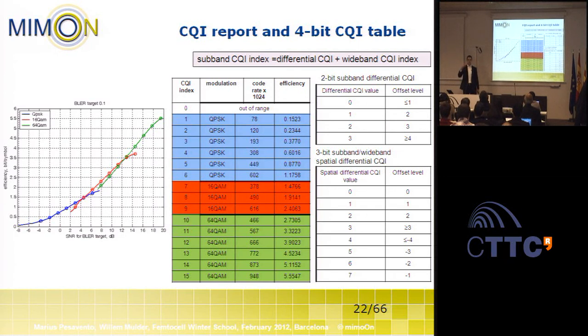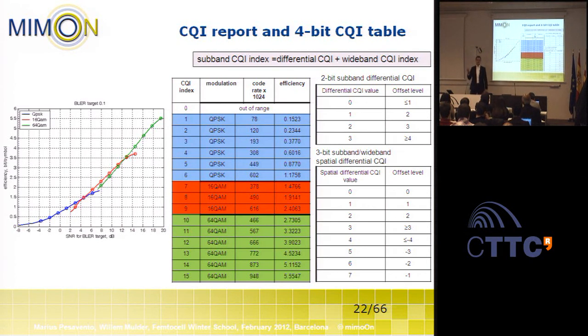So the signal conditions are measured, and then, depending on these measurements of the SINR, the user equipment selects the code rate and the modulation scheme here on the left side. The code rate and the modulation scheme is selected for each measured SNR value such that a bit error rate of 10% is achieved.